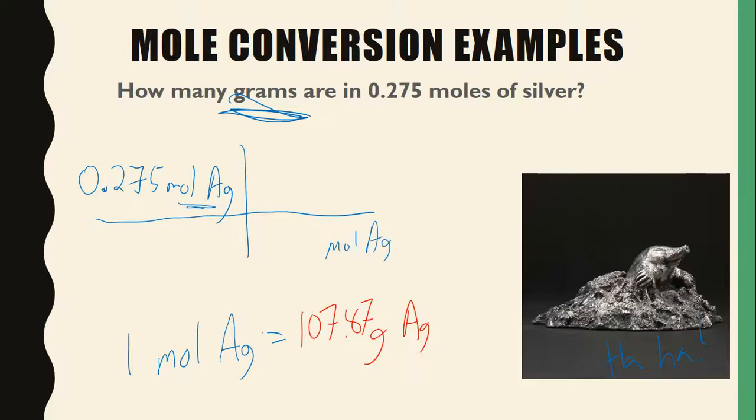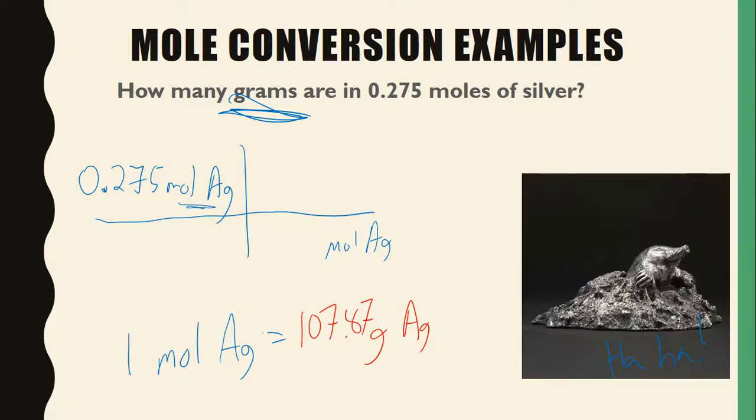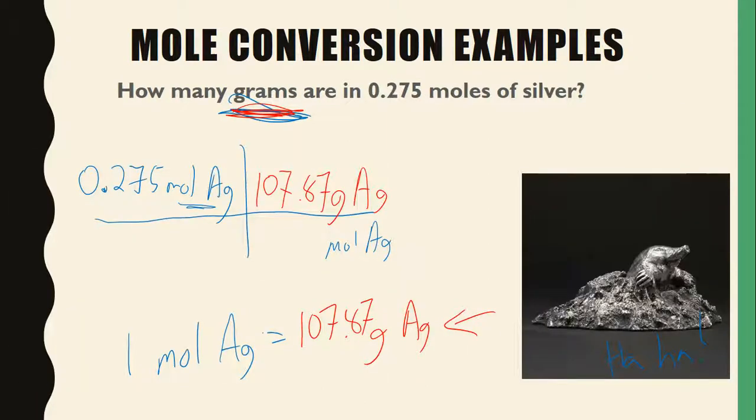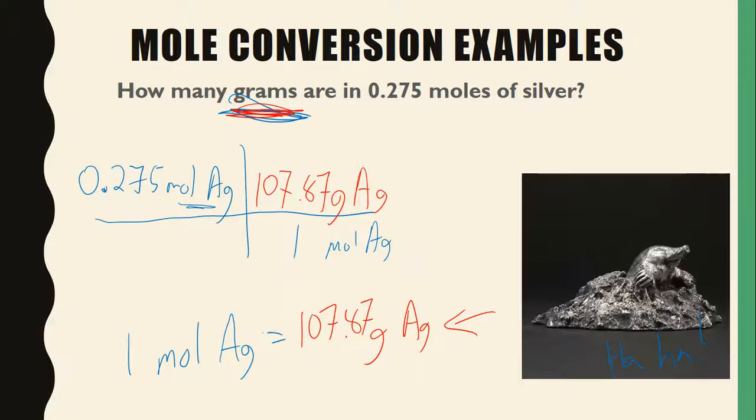And since the question is asking for grams, we're going to want the grams of silver on the top. And that relationship is 107.87. We got that from the periodic table. That's how many grams there are in 1 mole of silver.